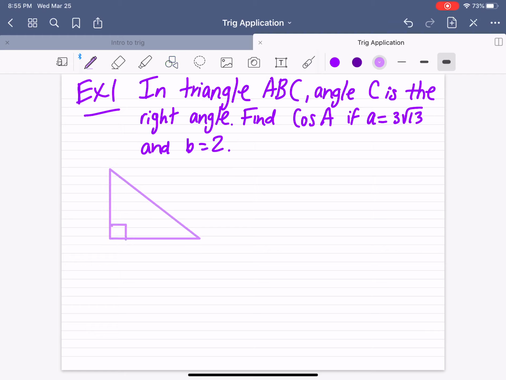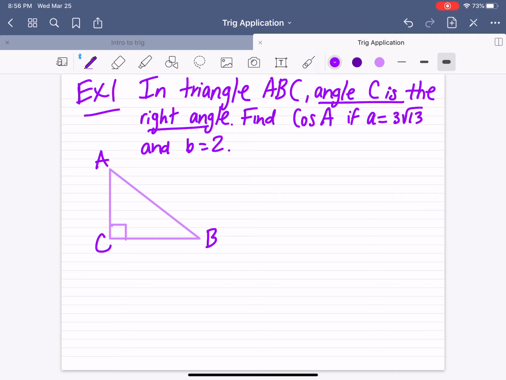And let me show you how I want you to label your triangles. So notice that the problem said that angle C is the right angle. So this right here should be letter C. So let's put the A and the B over here. So notice that the uppercase A, B, and C, those represent the angles.